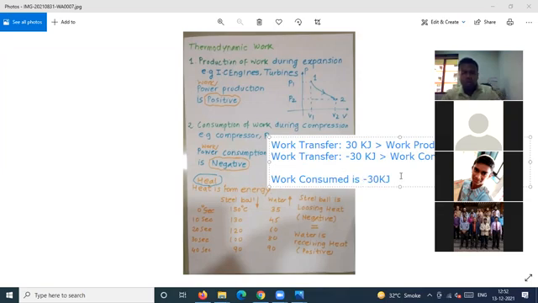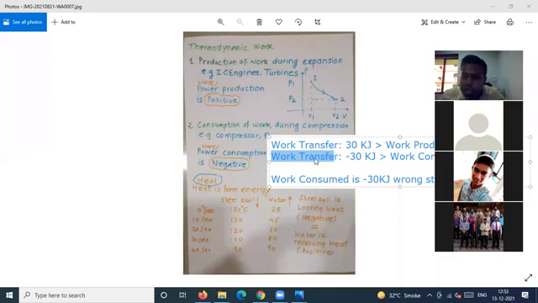It is not required. This minus sign is not required. I will write one more statement here. The common mistake is writing that work consumed is minus 30 kilojoule. This is a wrong statement, because you already mentioned it's consumed, so it is already understood that this is minus 30 kilojoule. No need to write minus 30 here. The minus sign belongs when you say work transfer, which is a broad term, produced or consumed.